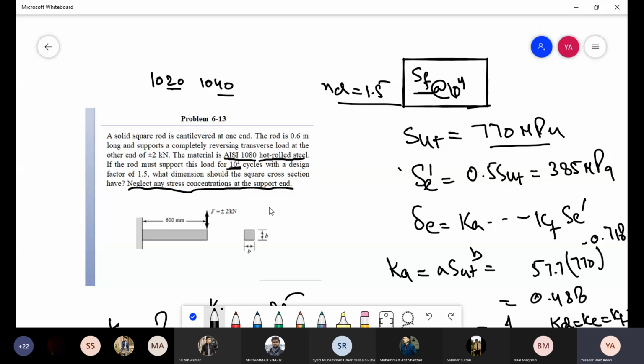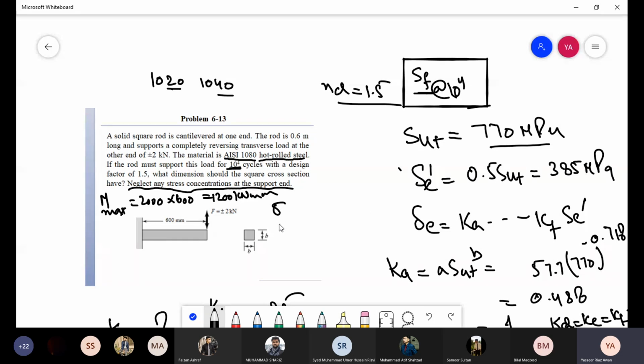So stress in this case, where the maximum moment occurs, there would be the maximum stress. So maximum moment would be at this end and would be equal to this 2000 multiplied by 600. So you have 1200, you can say kilonewton millimeter.